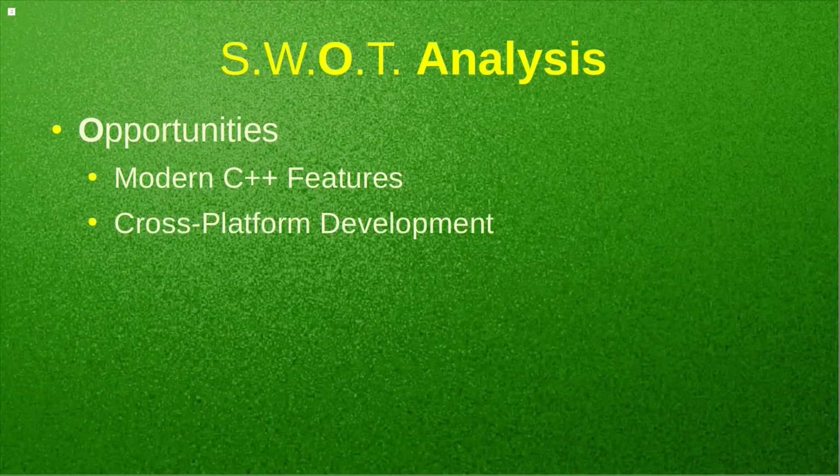Cross-platform development: the pattern can be beneficial in cross-platform development, allowing different product families to be created for different platforms with minimal code changes. Integration with other patterns: Abstract Factory can be integrated with other design patterns such as Singleton, Builder, and Prototype to solve more complex design problems and create more robust systems.